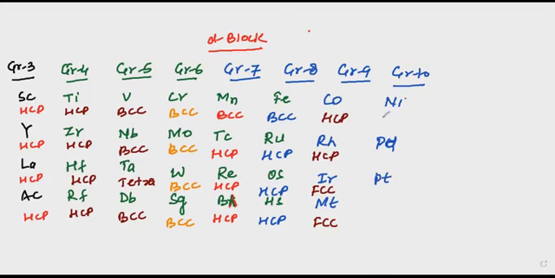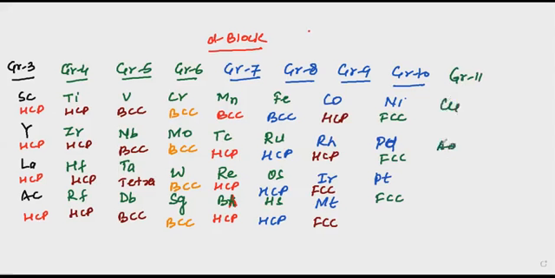So they are all FCC type. We write it in a different color: FCC, FCC, FCC, and FCC. And after that, the next group is group 11.